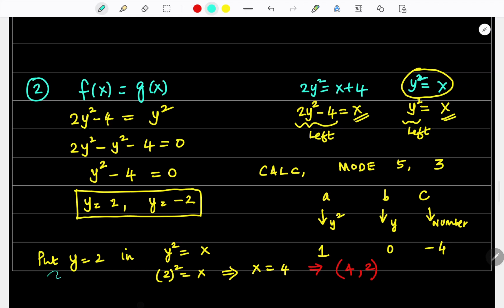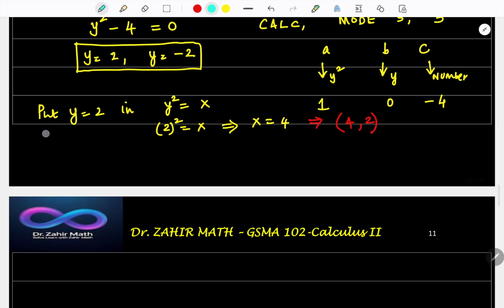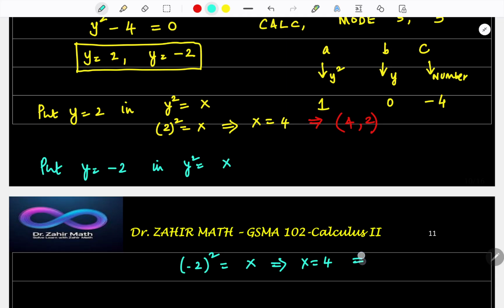Next, put y is equal to minus 2 in y square equals x. So I put y is equal to minus 2 the whole square, which is equal to x, which implies x is also what? 4. So what is my point? My x point is 4 and y is minus 2.